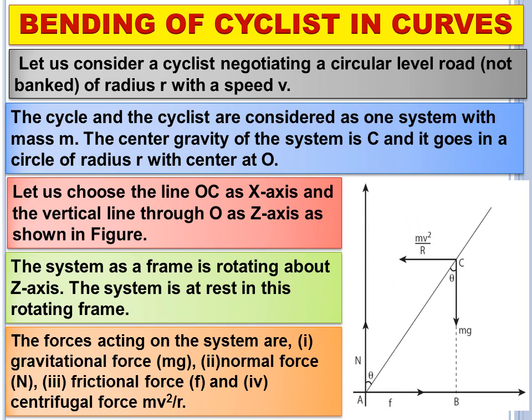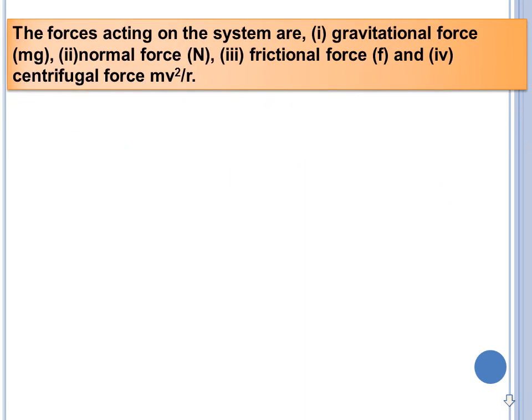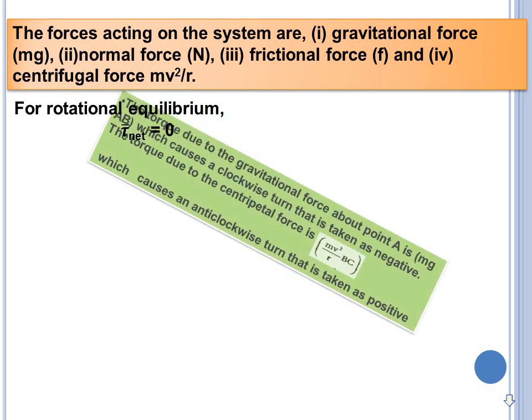These are the forces acting while we bend in curves while traveling through a road. For rotational equilibrium, the net torque tau is equal to 0.